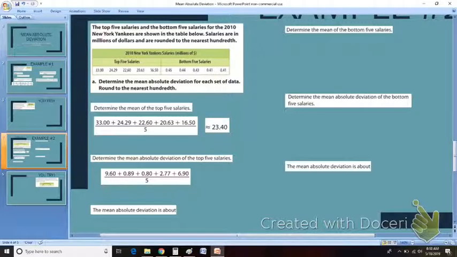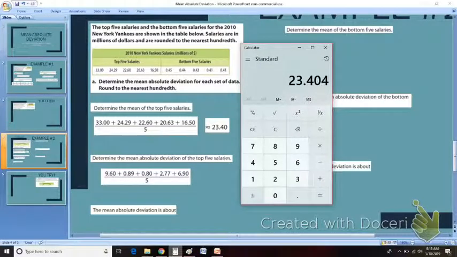Okay, whenever I subtracted each of those, we get 9.6, 0.89, 0.80, 2.77, and 6.9. So now what we're going to do is go ahead and find the average of that. So 9.60 plus 0.89 plus 0.80, 2.77, and 6.90. Okay, we get 20.96.